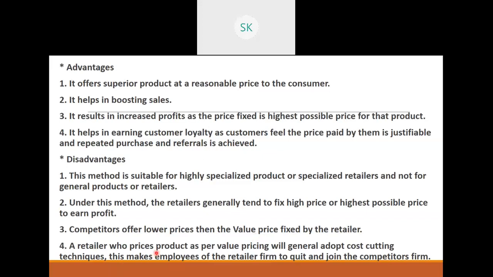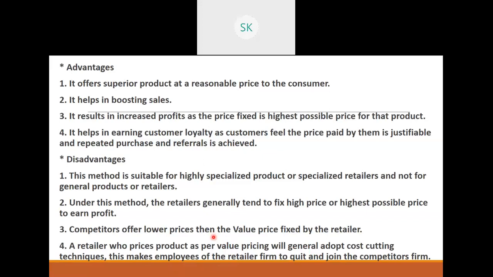Next, a retailer who prices product as per value pricing will generally adopt cost cutting techniques. This makes employees of the retailer firm quit and join competitor firms. Now this is a little problem with all the value pricing firms. Since they are getting only value for the product and they don't get too much of a profit element, they will try to cut cost in everything.